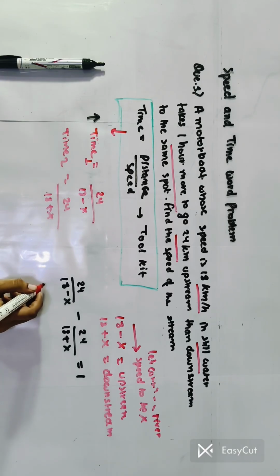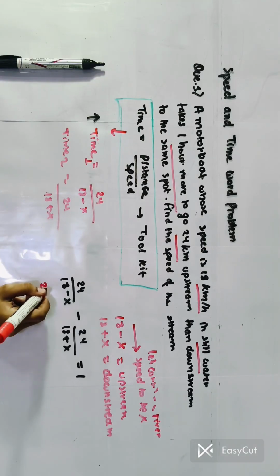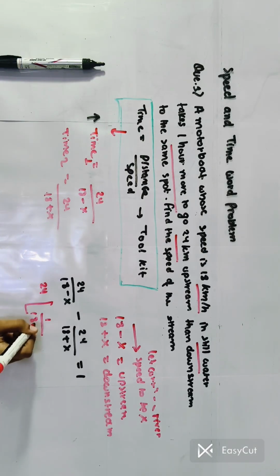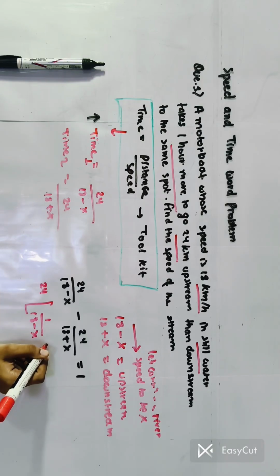Now we need to solve this. So I'm taking 24 in common because I'm lazy, and lazy people don't like to do extra mehnat.